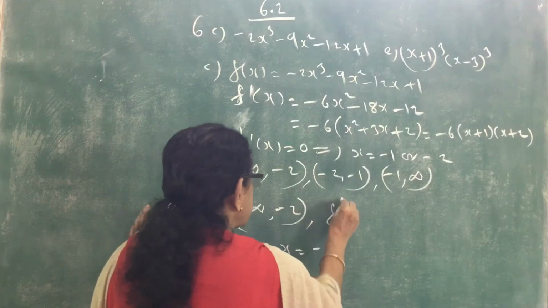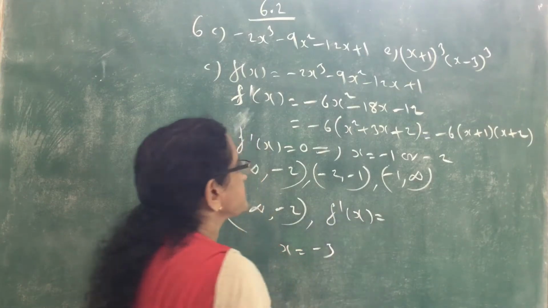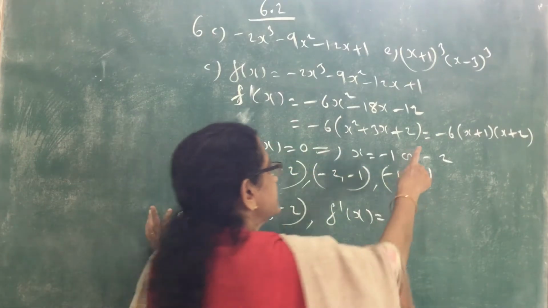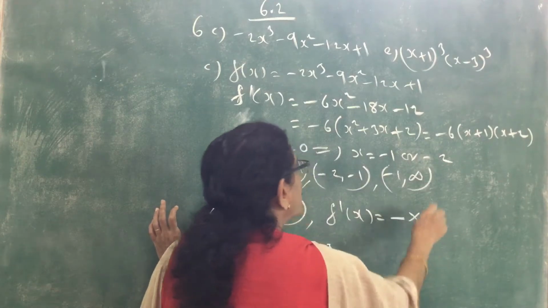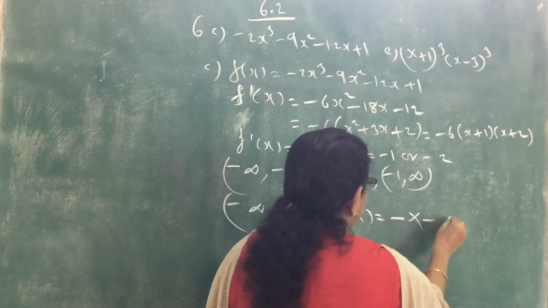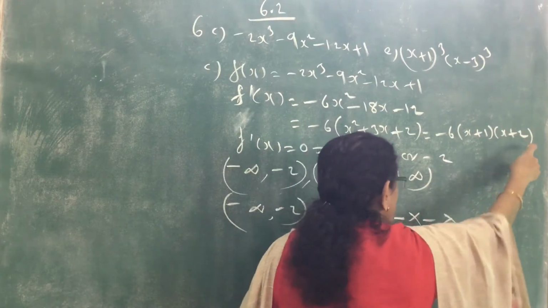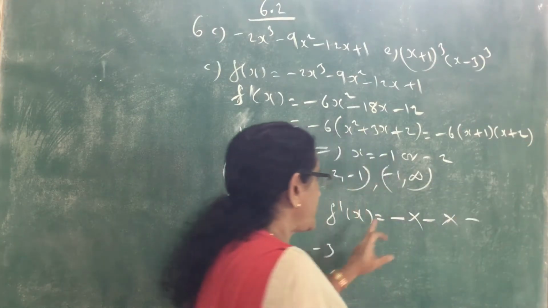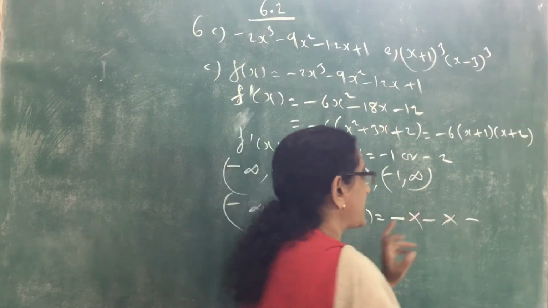What do we get for f dash x? Minus 6 is negative. Then x plus 1 at minus 3 is negative, and x plus 2 at minus 3 is also negative. So negative into negative is positive, positive into negative is negative.